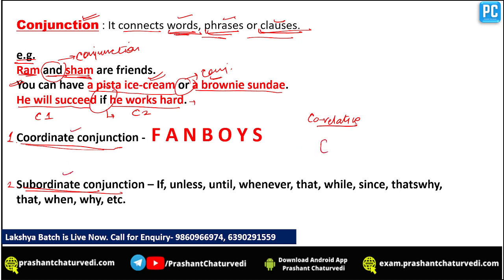For example, we can take "either...or". Here "or" is a coordinate conjunction. Clear? This conjunction is related with the determiner "either". Either here is a determiner.